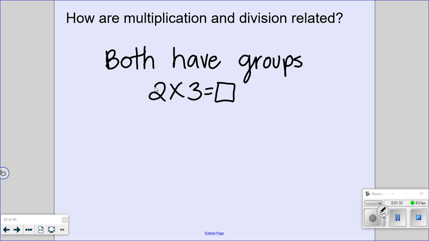Two groups of three. I'm going to put the word groups in big letters. Why? Because I know that both multiplication and division have groups. Two groups of three.